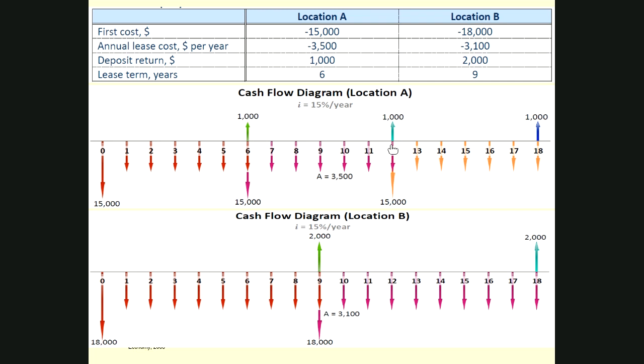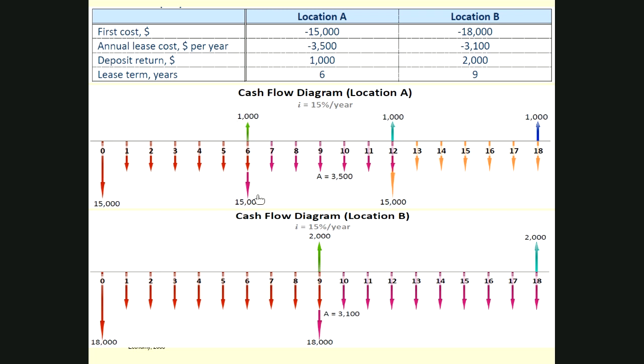Now here is something you can do if you pay attention and don't mess up your solution. The 15,000 and the 1,000 are placed on the same year, in the same time format, so they are similar units. Can't we subtract them? Yes, we can. We can use 14,000 outflow instead of 15,000 outflow and 1,000 inflow.